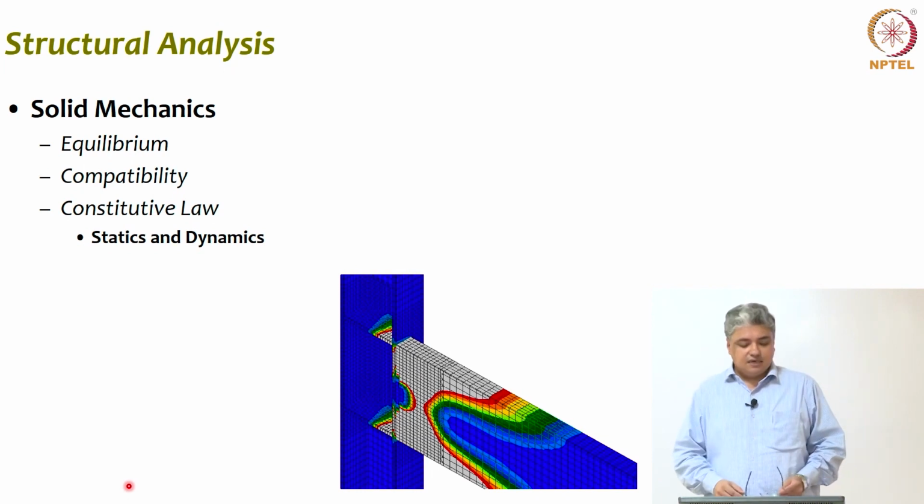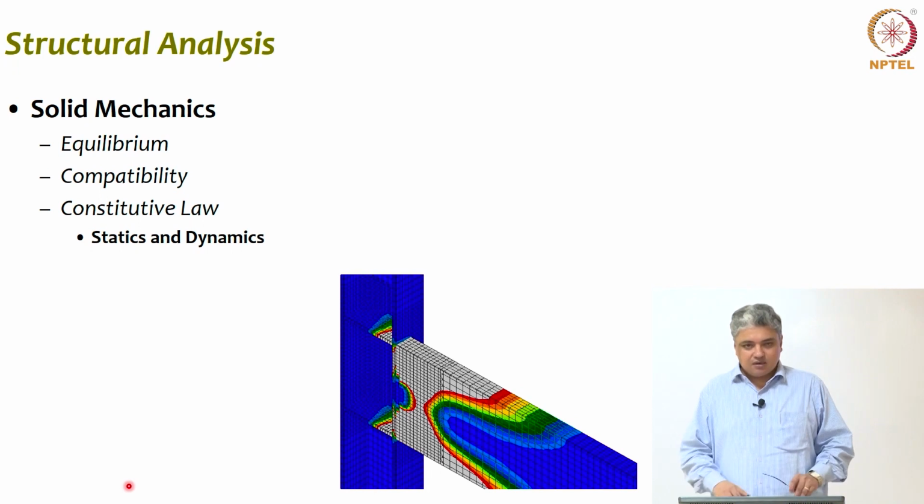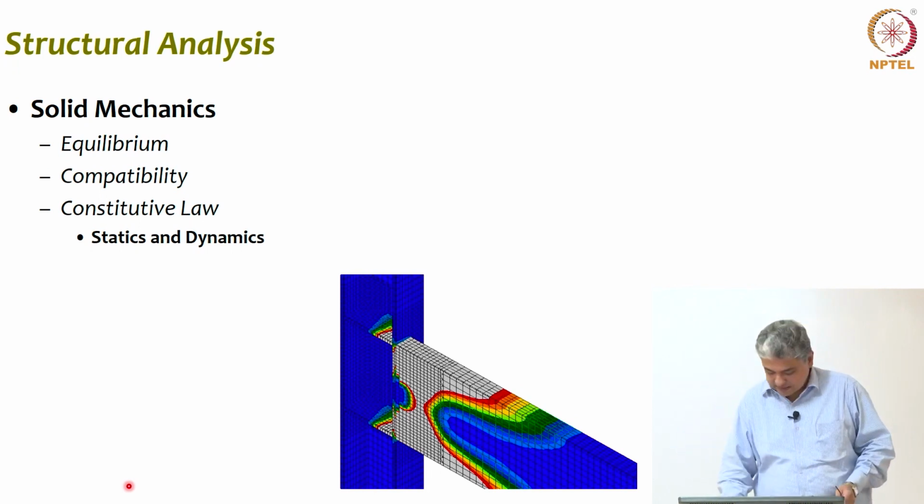And in this, the three pillars are equilibrium of forces or stresses, compatibility of deformations or strains, and of course constitutive laws, which is how materials behave. And behavior is not just for the given loads, but under static and dynamic conditions.